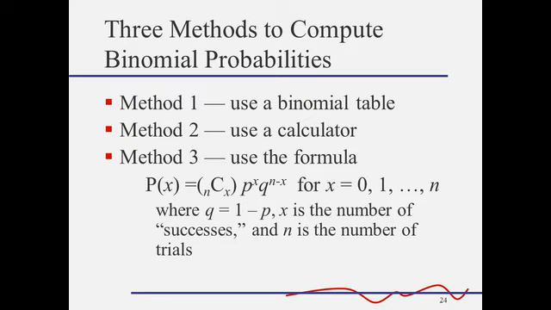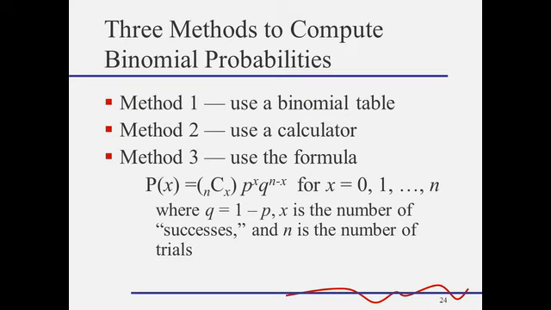One way is to look at probabilities from the binomial table in the back of your book. Now, you might think I like tables just because I'm old-fashioned, and when I was in college, we didn't have fancy calculator functions. We had to use the table. So there is a little bit of nostalgia toward the tables, I confess, but it's still a really simple way to get binomial probabilities.